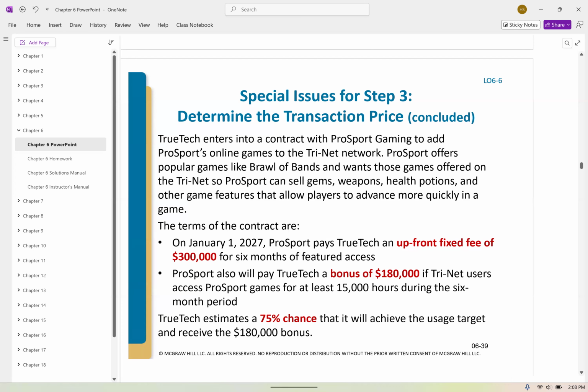Okay. So upfront, January 1st, Pro Sports is going to pay $300,000 for that 6 months. They also will pay a 180,000 bonus if TriNet Access Sports games at least 15,000 hours during that 6 month period. So yay.